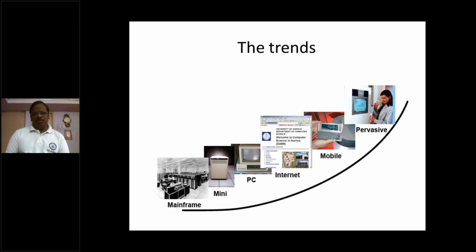From the minicomputer, we invented the PC, the personal computer. From personal computers, we utilized internet concepts. Apart from the internet, we now effectively utilize mobile computing technology. So mainframe, mini, PC, internet, and mobile are all under pervasive computing.